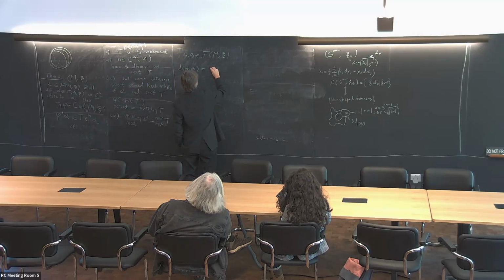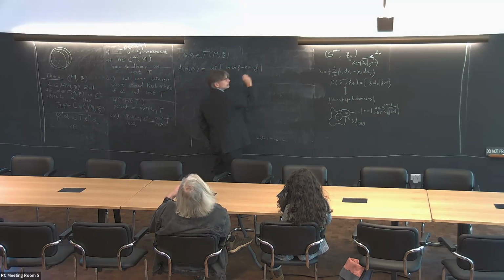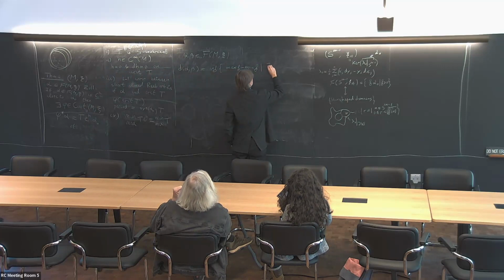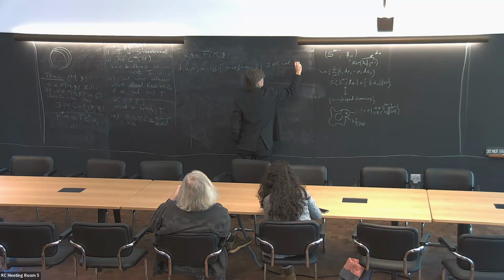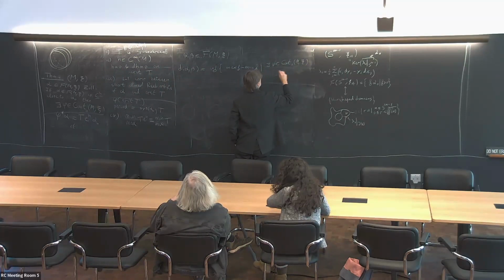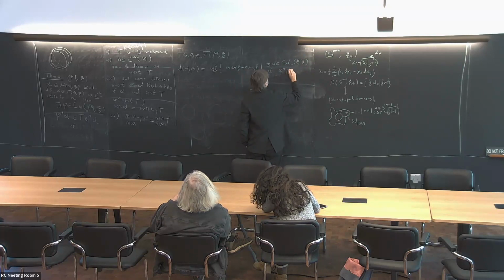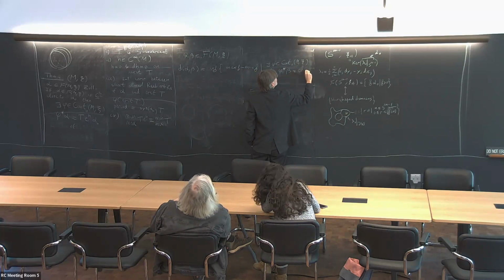I take the infimum of max f minus min f over all f such that there exists a contactomorphism, and I also want it to be in the identity component, such that phi star of beta is e to the f times alpha.